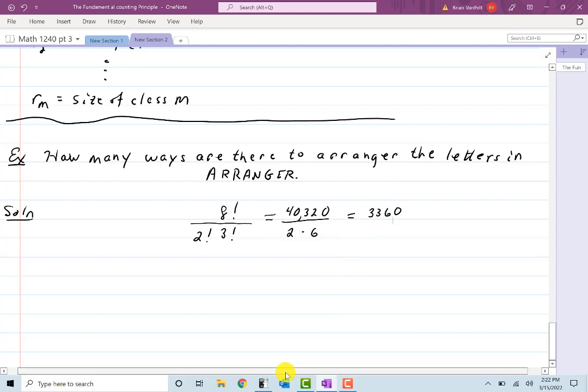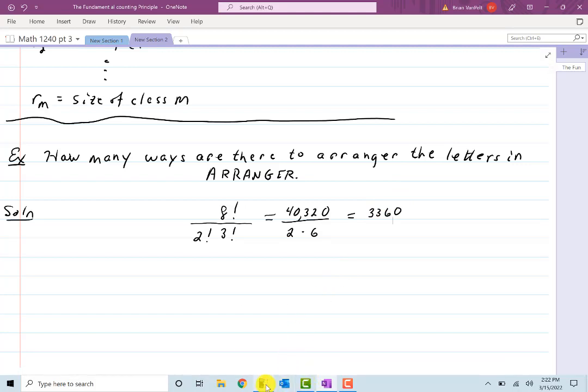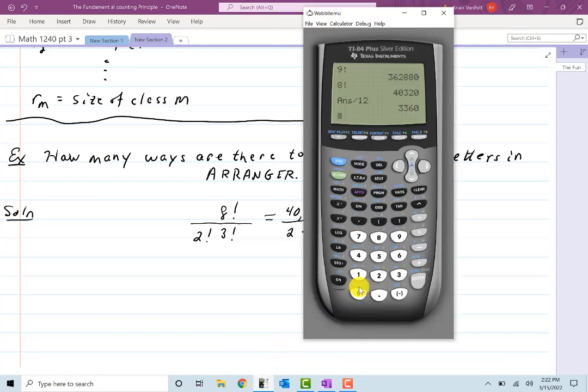Note, if you want to, on your calculator, you can also have done it this way. We could have done our 8, Math, PRB, number 4 for factorial, like so, and then divide. Now, if I want to put the 2 factorial times 3 factorial in the denominator, I will have to encase it in parentheses.